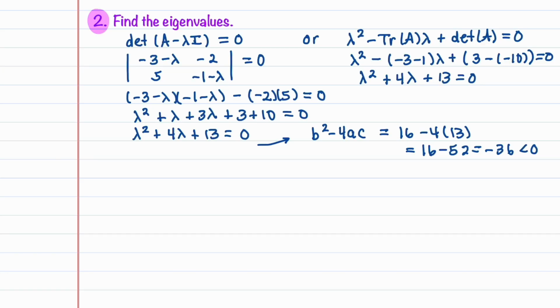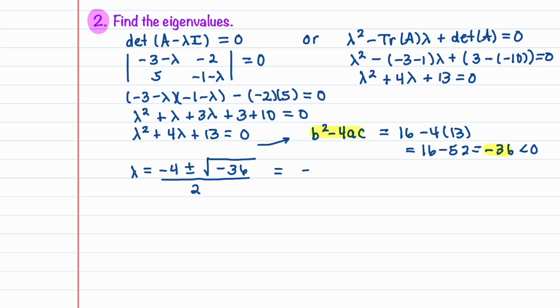Let's just use the quadratic formula. Lambda is equal to negative b, so that's minus 4, plus or minus the square root of b² - 4ac, but we already computed that, and that was minus 36. We divide this by 2 times a, which is just 1, so that's 2.